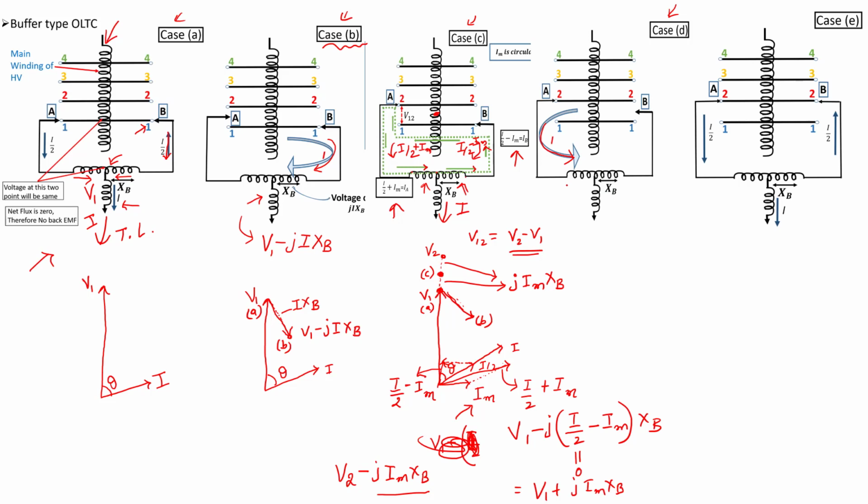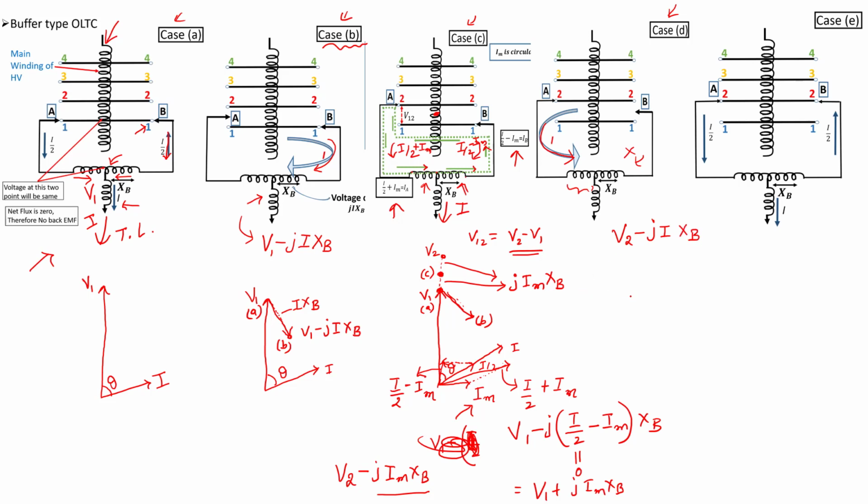Now here again this Xb drop will be there, because there is no opposing flux here. From here there is no current, right? No current. Therefore there is no opposing flux. Therefore we are getting the complete voltage drop here. That is again V2 minus j, complete current I, into Xb.